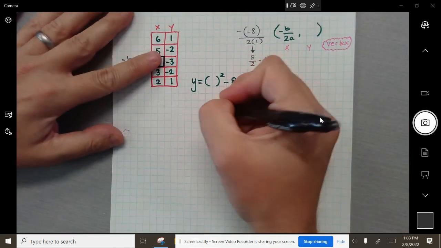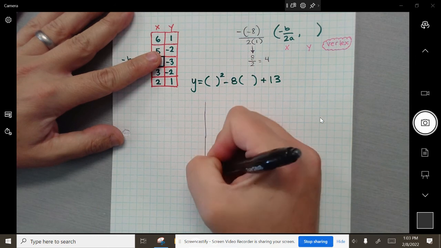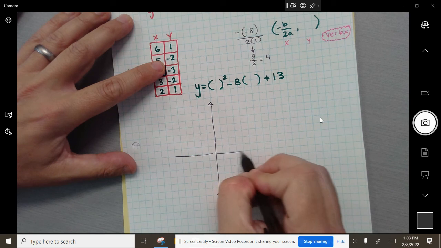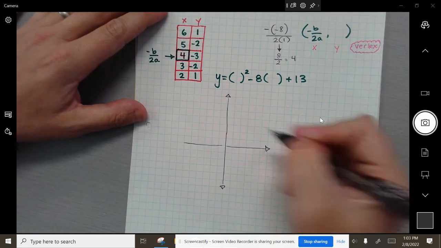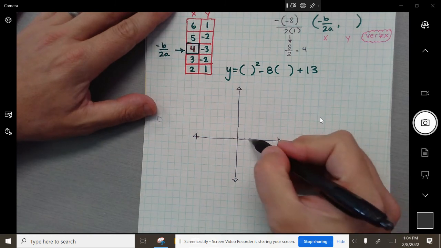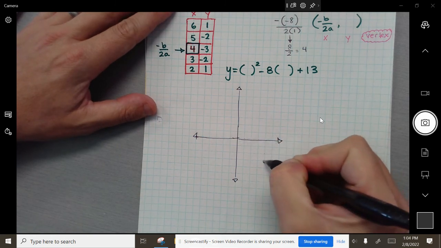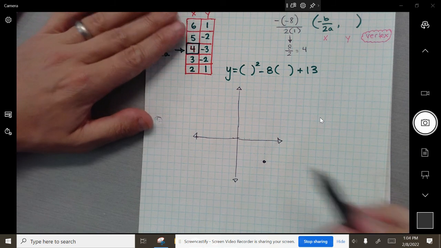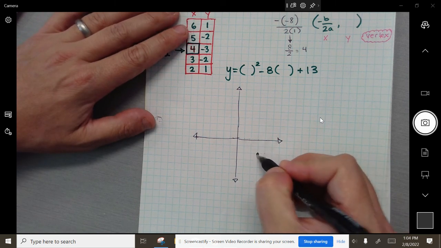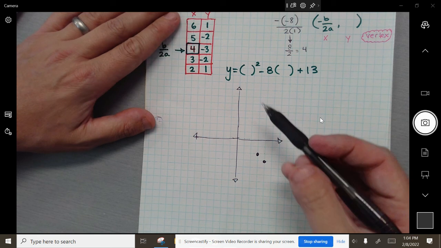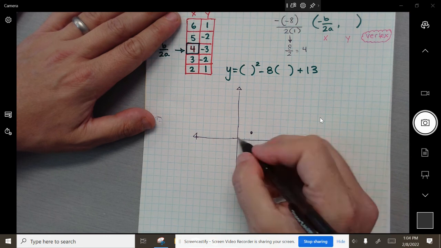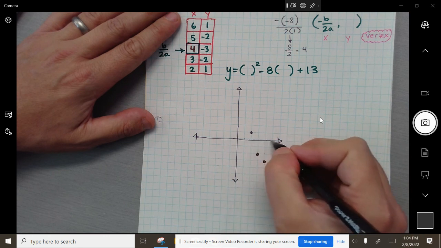All right, let's draw a graph. I know it's not the most beautiful graph, but we're going to deal with it. It's going to be over 4, down 3. Over 3, down 2. Over 2, up 1. Over 6, up 1.